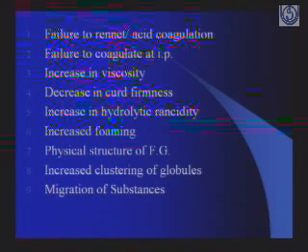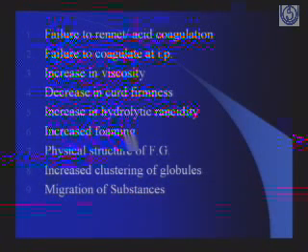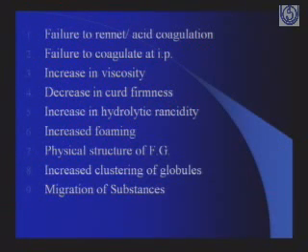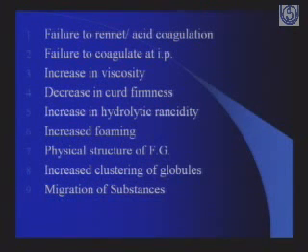Then failure to coagulate at the isoelectric point: milk may not coagulate at the isoelectric pH, which is 4.6, but you may have to decrease the pH to a lower value, about 4.3. Milk will coagulate at pH 4.3 instead of pH 4.6.